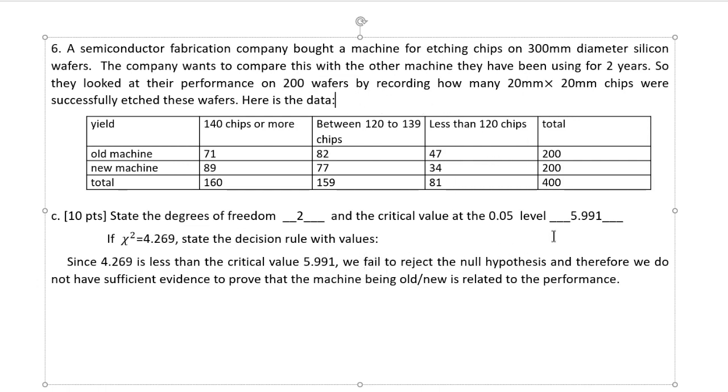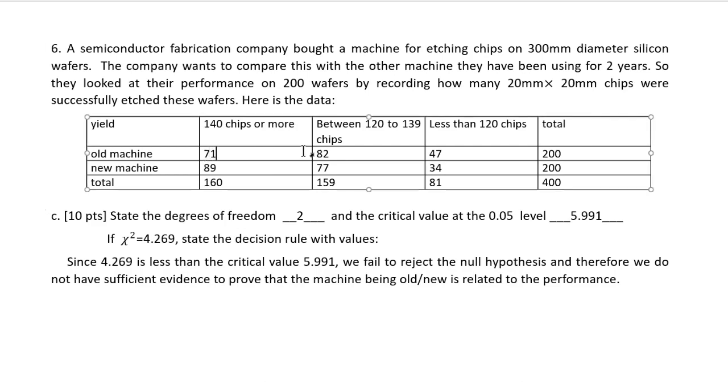So even if the numbers are just proportionally bigger, if the sample size is bigger, then you will be able to say later that yeah, the new machine is indeed doing better. But at this point, the data that we have could be just by chance, so we have no idea whether the new machine is really doing well or not.